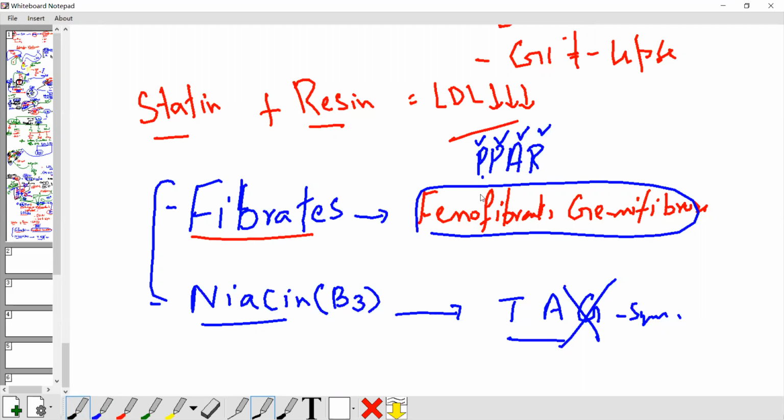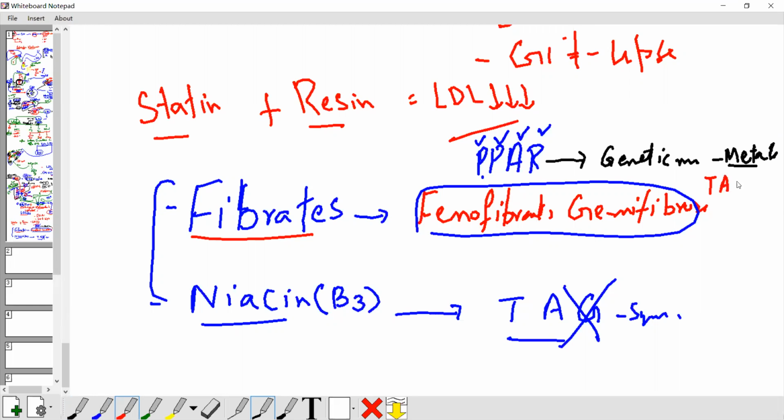This receptor actually changes the genetic machinery. So hepatocyte metabolism is totally changed.